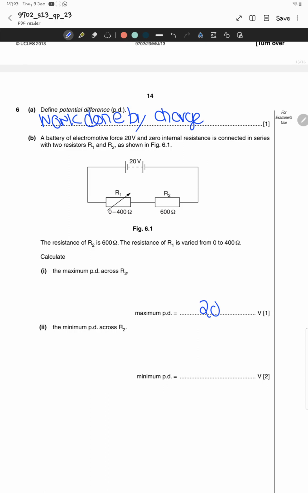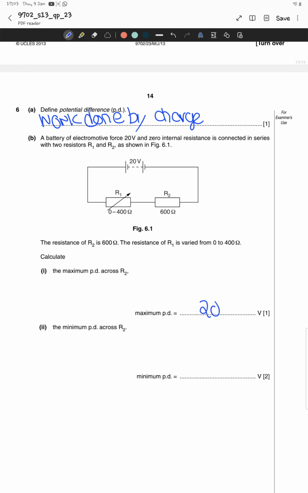The minimum potential difference across R2: if you put R1 at 400, which is maximum, because basically the greater the resistance, the greater the voltage there will be.